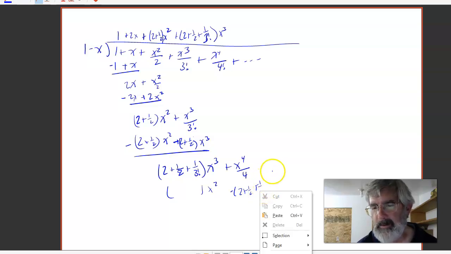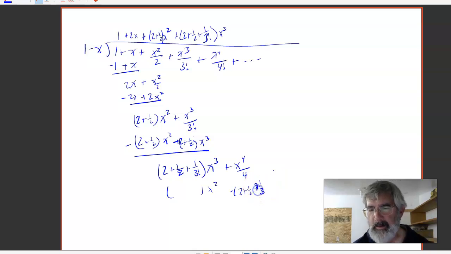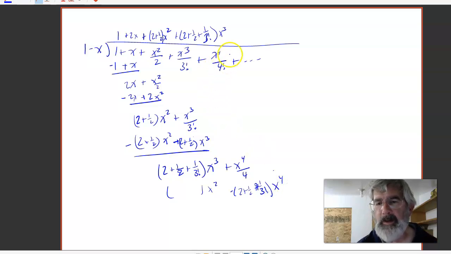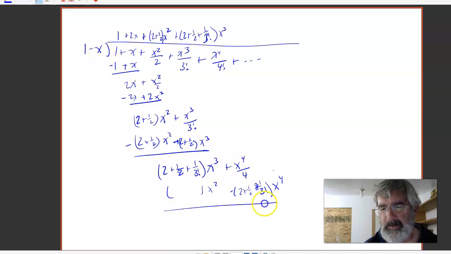So what just happened here? 1 over 3 factorial times x to the fourth, because that was a cubed up here, times the x there. And change the signs and add. And this is just coming out exactly the same. I got 2 plus a half plus 1 over 3 factorial plus, up here, 1 over 4 factorial, times x to the fourth.